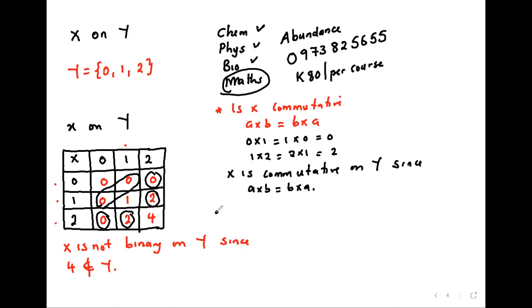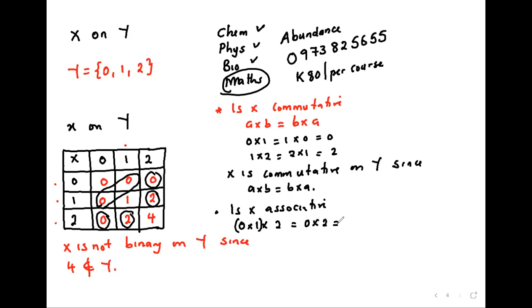Let's check again. Is multiplication associative? So if we pick, let's start with 0, 0 multiplied by 1 multiplied by 2 in this order, is it the same? Okay, let's see the solution. 0 by 1, we get 0.